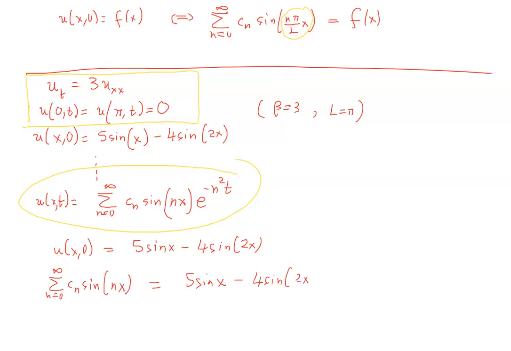I want us to break this down concretely. I want us to concretely see what this means. First of all, I think I've been making a silly mistake all along. It shouldn't be n equals 0. It's from 1, not from 0 to infinity, because sine of 0x is 0. Let me see if I have done it anywhere else.